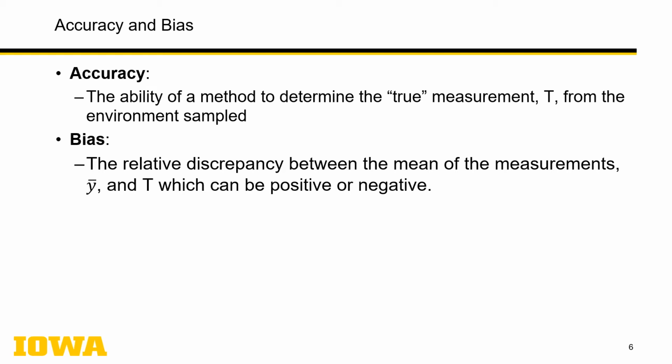So now we're able to come up with a calculation of bias, which you can see is again the relative discrepancy, meaning y bar, the mean of your measurements, minus this true measurement, divided by the true measurement. So you can also express it as y bar, the mean, divided by the true measurement, minus 1.